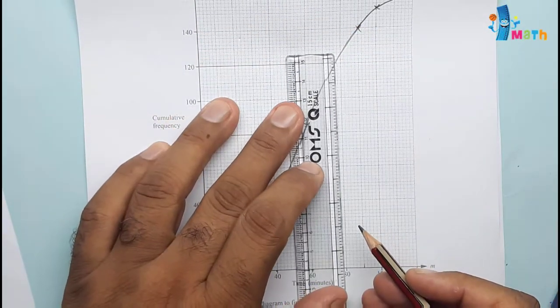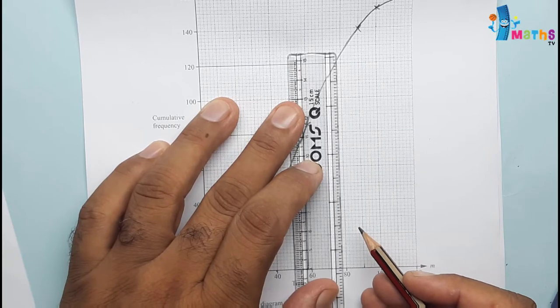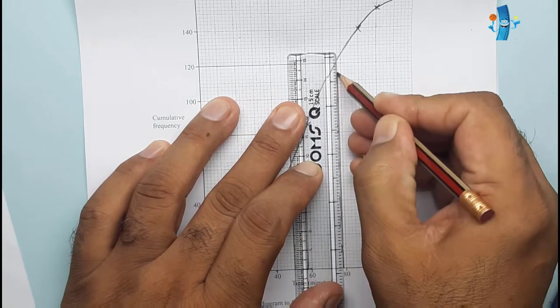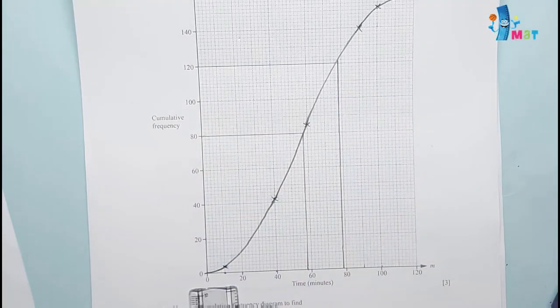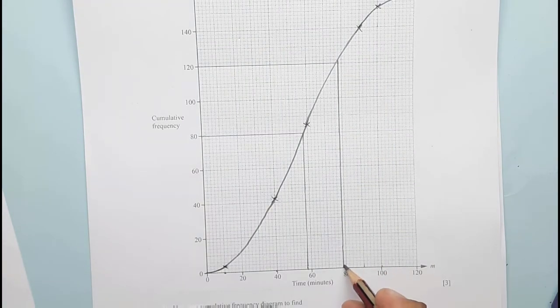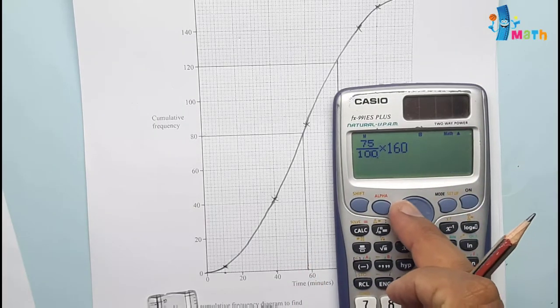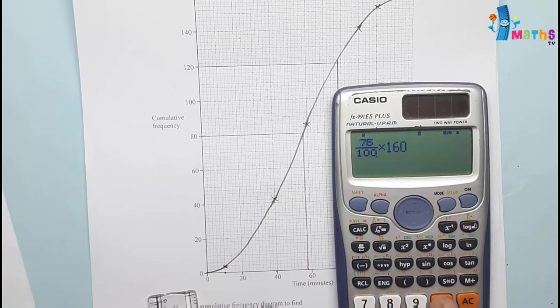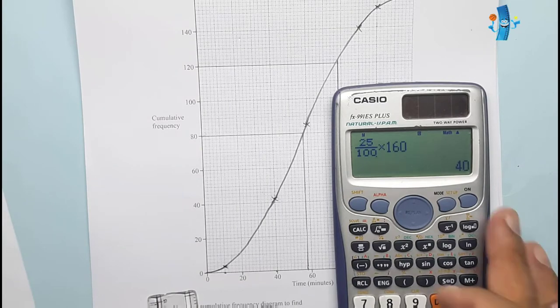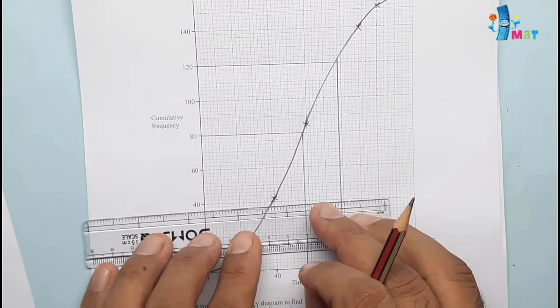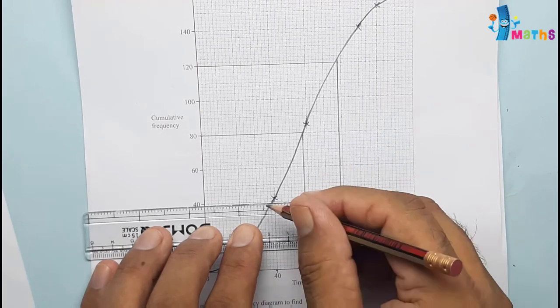This value is over here, so we can draw a line on this side as well. So this is the 75th percentile, and the 25th percentile we can check over here. The 25th percentile is 40, so we can draw the 40 line as well.